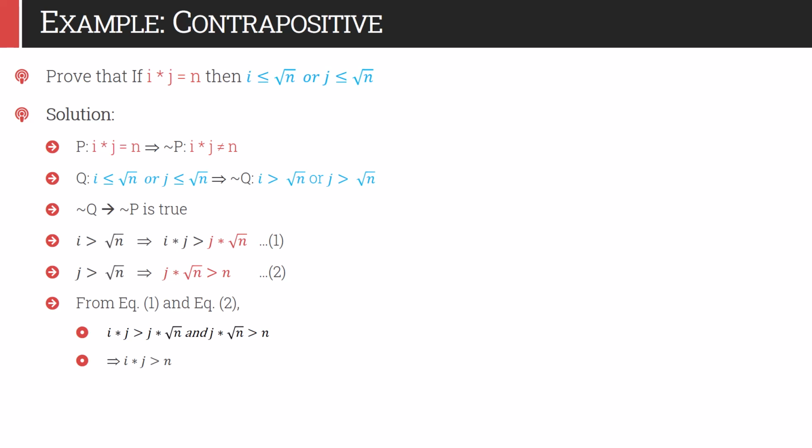And as you can see, it implies that i times j is not equal to n, and that is what our negation P is. Hence, we can say that the given proposition, if i times j is equal to n, then i is less than or equal to root n or j is less than or equal to root n, is true, or this is proved.